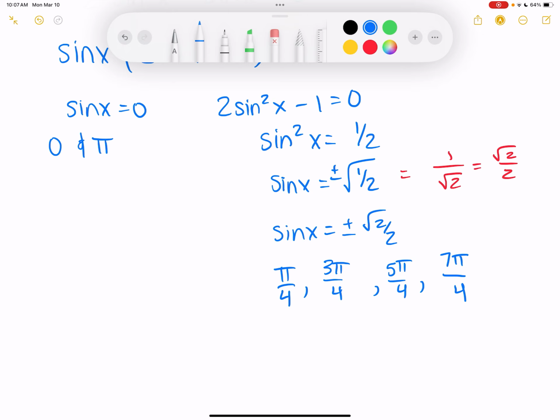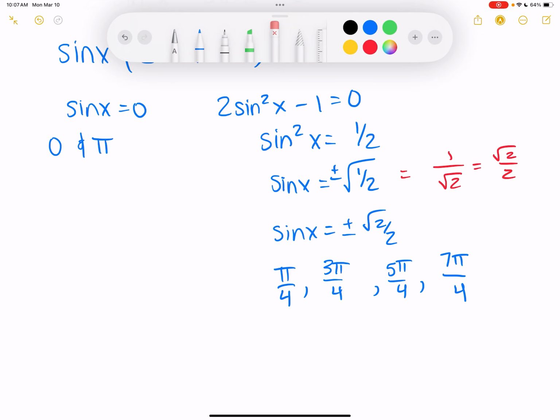So for that particular problem, how far is it to get from 0 to pi? Pi. So every increment of pi, sine is 0. Would you agree? From here to here is pi, here to here is pi, here to here is pi.